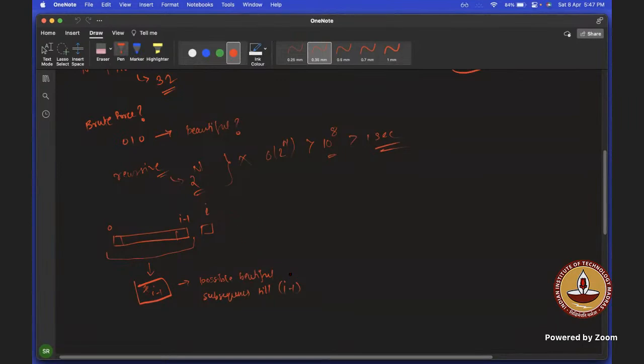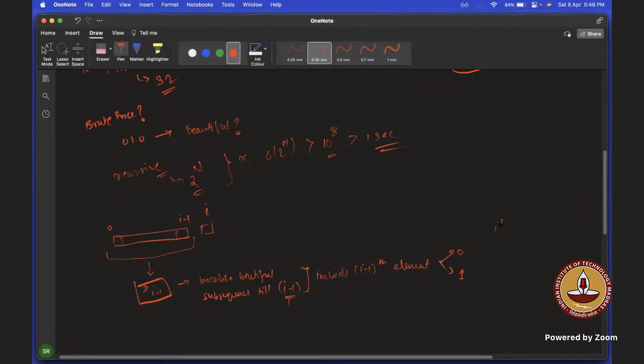First, let's clear one thing: these possible beautiful subsequences include the I minus 1th element, which could be 0 or 1.